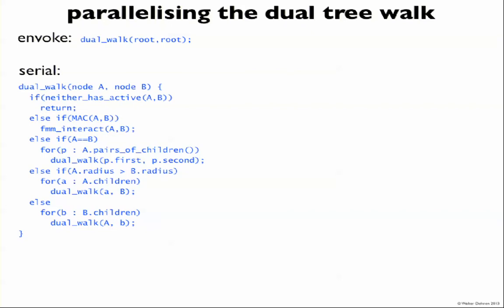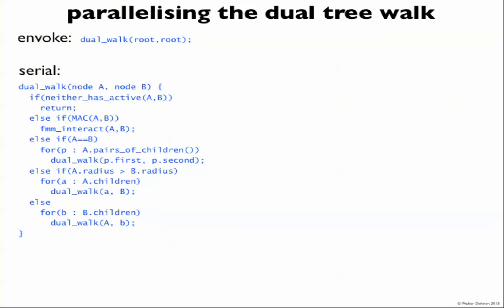If neither of these nodes is active, you don't do anything. I mean, in practice, of course, you would never call it in this case, but it's just easier to show for me. Now, if the multipole acceptance criterion said, yes, we should do something here, you do the interaction. And this includes, don't do direct summation as a special case here, just keep it simple. If neither is true, then we have to split this interaction.